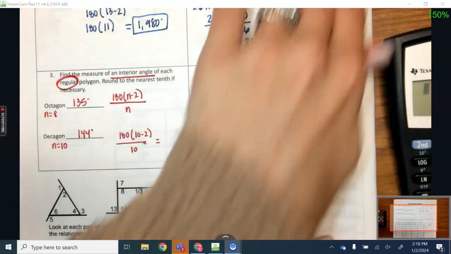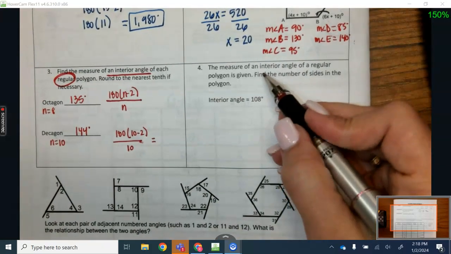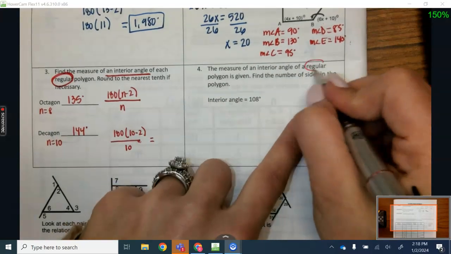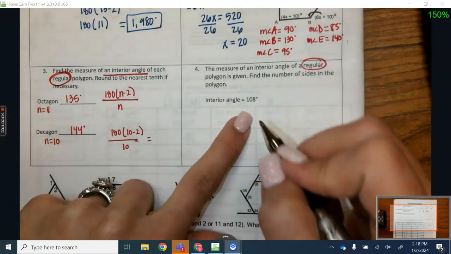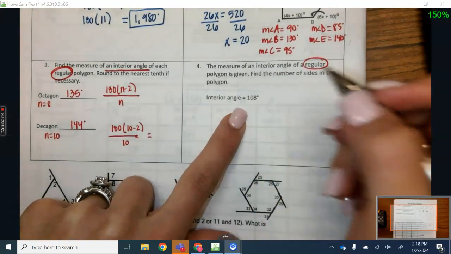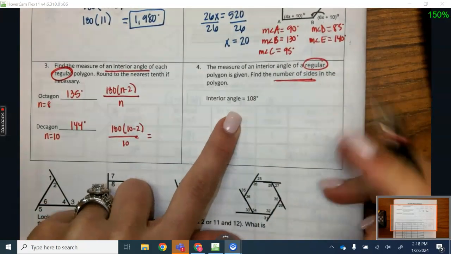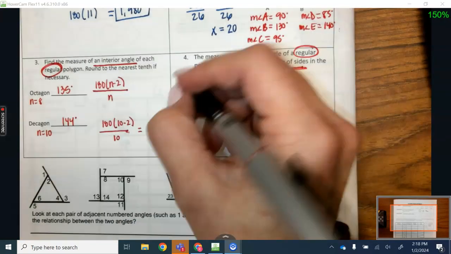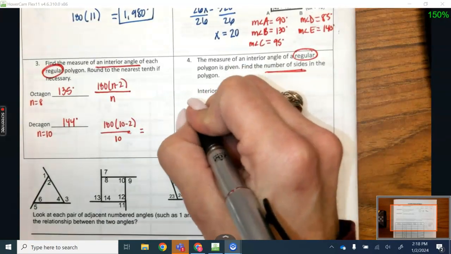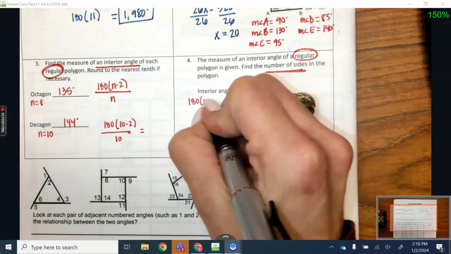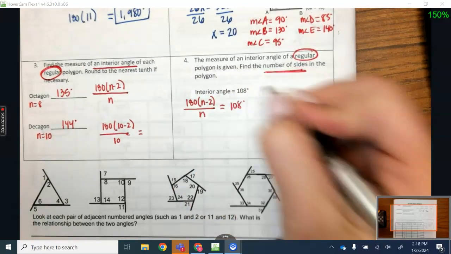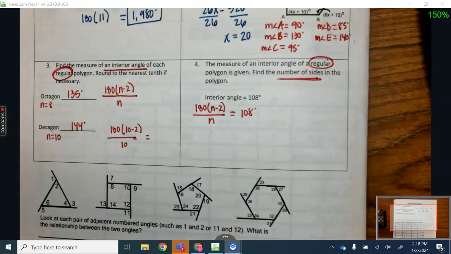Okay, so on this question, it says the measure of an interior angle, that means 1, of a regular polygon is given. So here's the measure of one interior angle. Now we're finding the number of sides, which is n. Okay, so this little formula that we wrote, I'm going to take 180 times n minus 2 divided by n, and set it equal to that one interior angle.